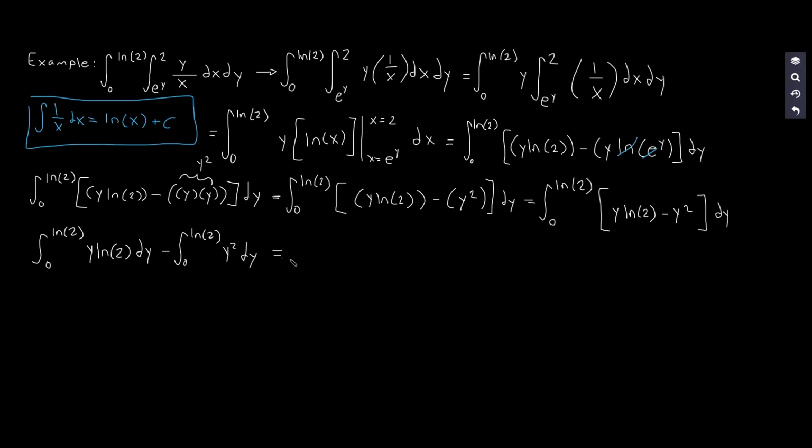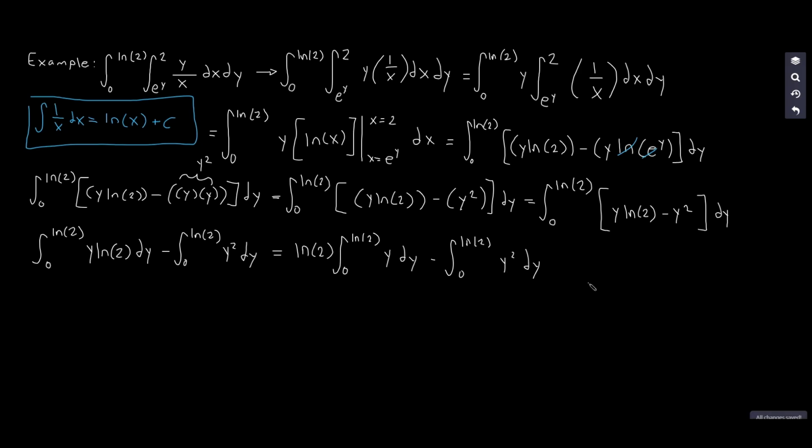And then at that, I'm going to factor out that natural logarithm of 2, multiply that to the integral from 0 to the natural logarithm of 2 for y dy minus the integral from 0 to the natural logarithm of 2 for y squared dy.